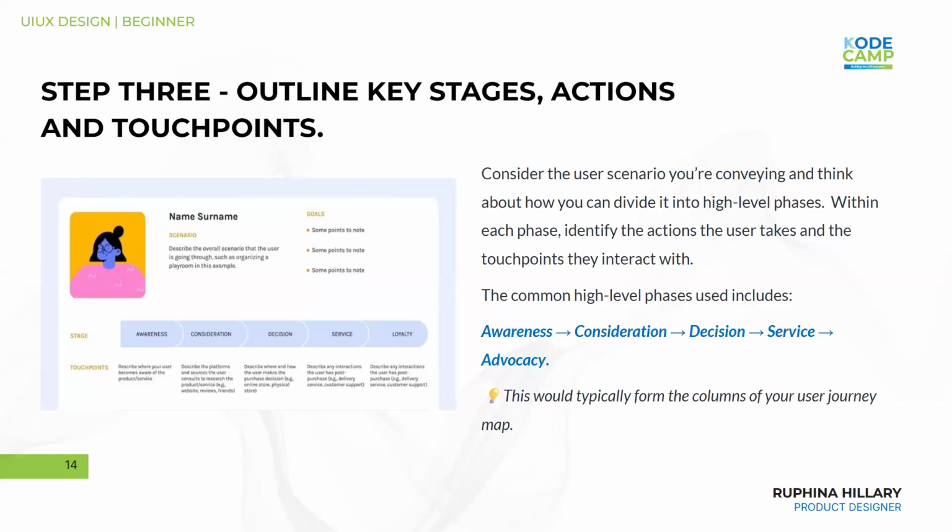So now you need to outline key stages in your product, the touch points in your product, and the actions of your product. For step three, the key stages, like I've said before, would form the columns, and things like the touch points and the actions would form rows.